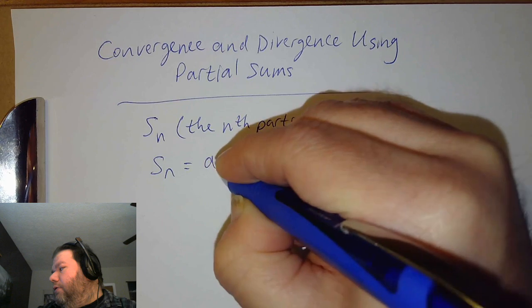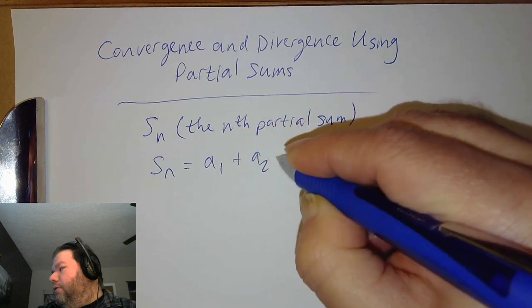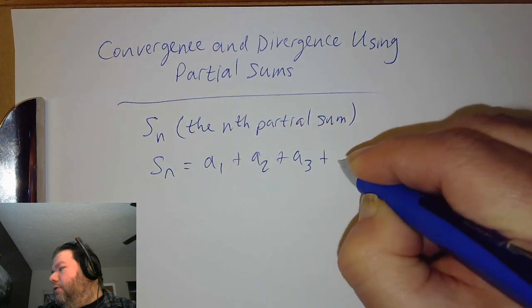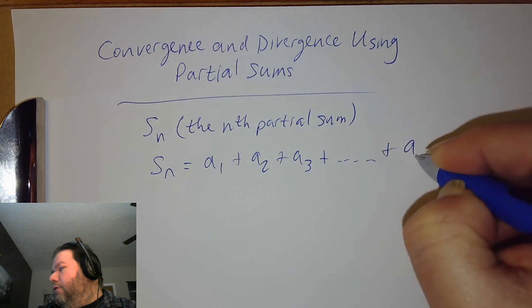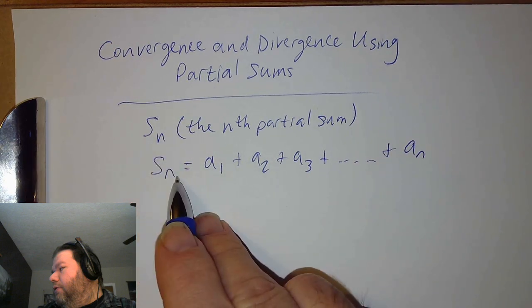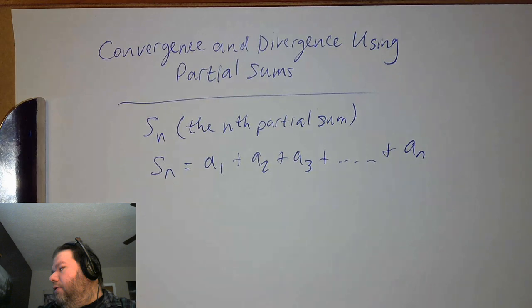S_n is equal to a_1 plus a_2 plus a_3 all the way up to a_n. Basically, the sum of the first n terms. And so we add up the first n terms.